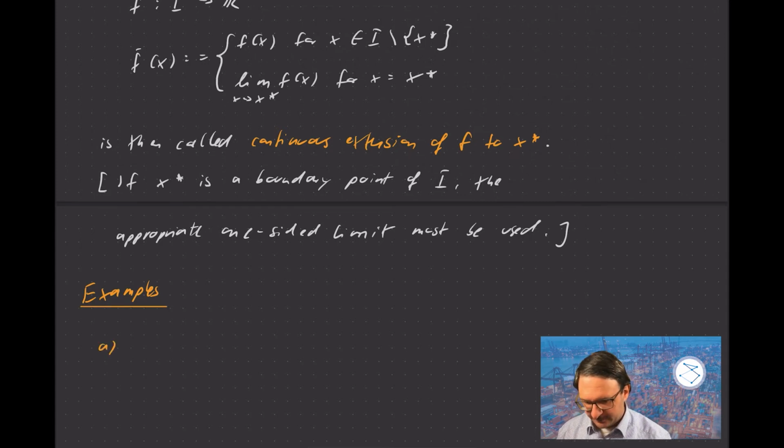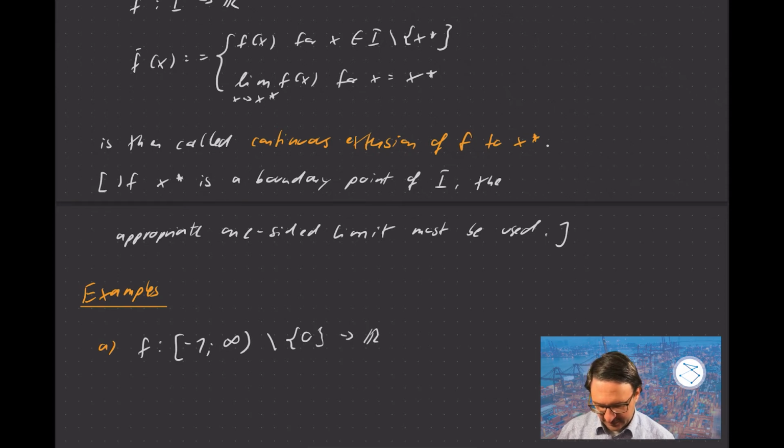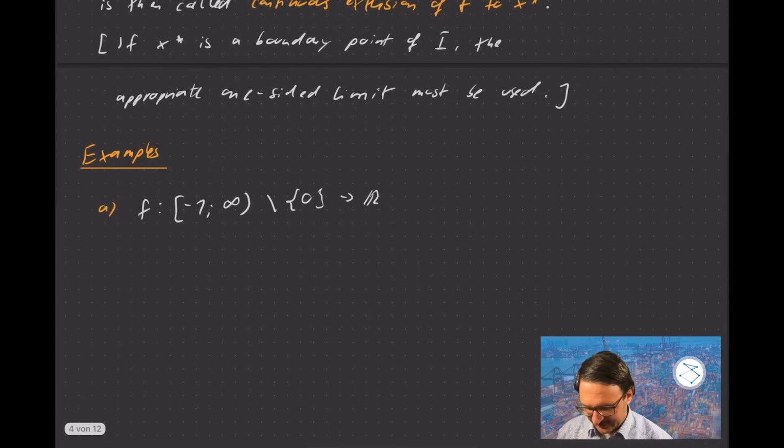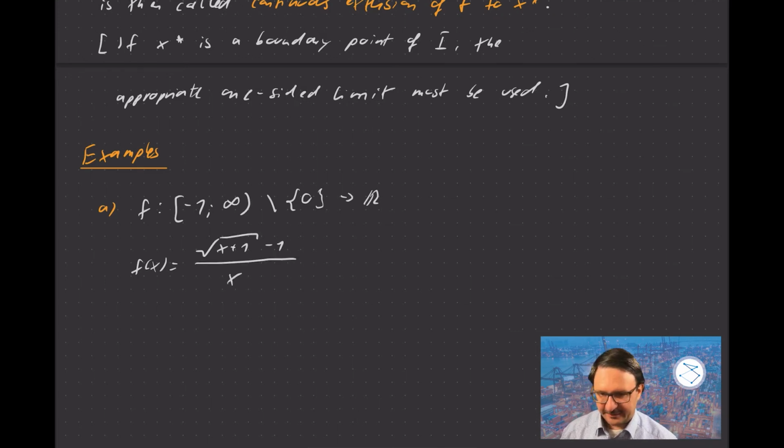The first one, let's say we have the function f defined on the interval from -1 to infinity with the exception of 0. And the definition of that function is f of x is the square root of x plus 1 minus 1 over x.